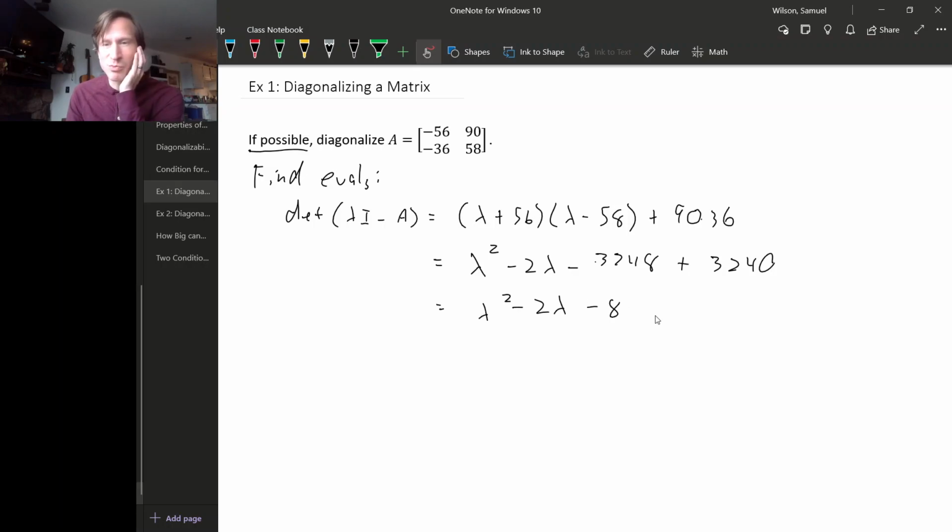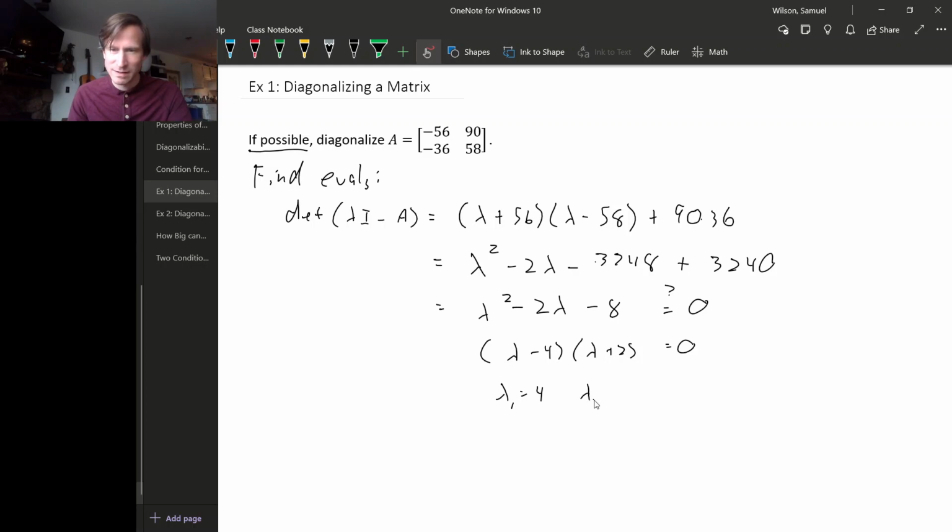Right? Now we want to know when this is equal to 0 to find eigenvalues. So let's factor this. It's lambda minus 4 times lambda plus 2. So we get two distinct eigenvalues. 4, let's call that lambda 1, and lambda 2 is minus 2.